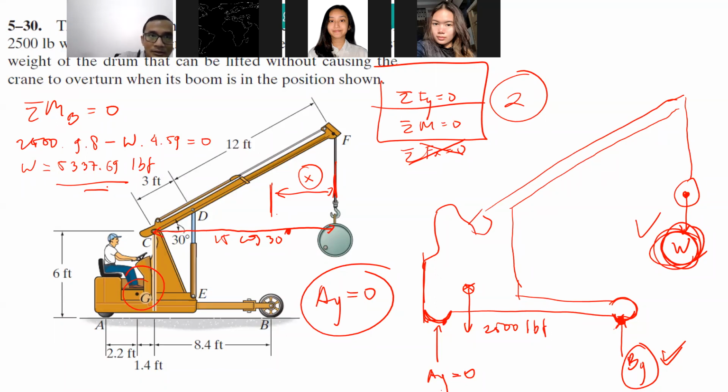Before it starts to overturn, in order to make W the maximum value, what we have to do is to zero the normal force at A, like that. This kind of problem is quite common in statics, so you will face it quite frequently. Okay, thank you, Audrey.